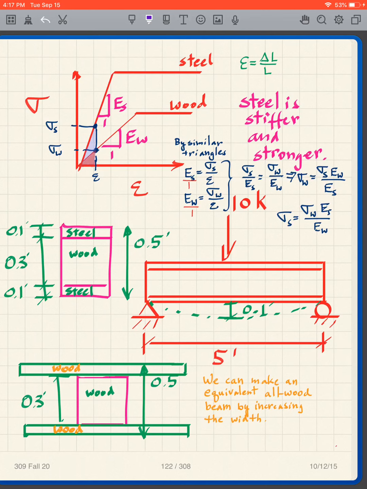So again, remember what we're trying to find here is that we start out with this, and I want to create my all wood beam that's going to look something like that. My goal is to get this width here.